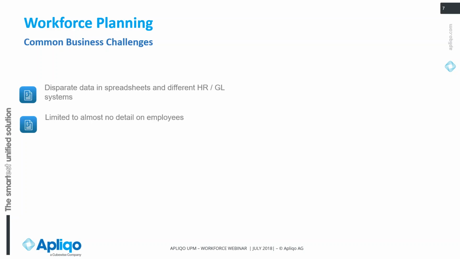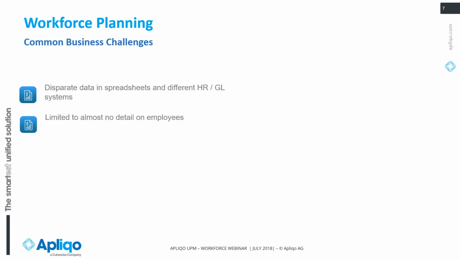The next one is limited to almost no detail on employees. In a lot of organizations, it's really challenging to collect all the relevant employee data, master data, which are important to model proper workforce planning expenses. Basic information about FTE, maybe yearly salary, and so on and so forth.